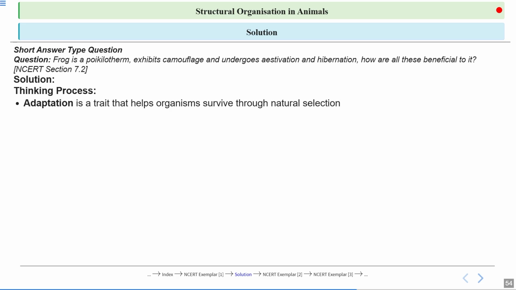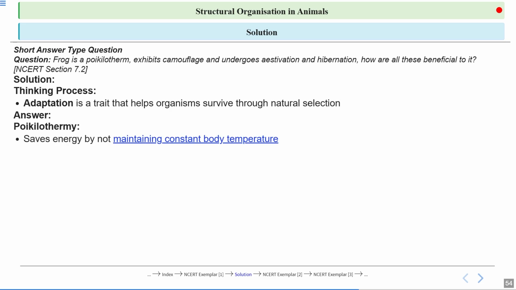They cannot do what we do; we are able to maintain our body temperature in the summer, winter, rainy season, any season, right? But think about the frog. They do not have such a system, so they have to adapt according to the changing environment. And that leads to natural selection as well.